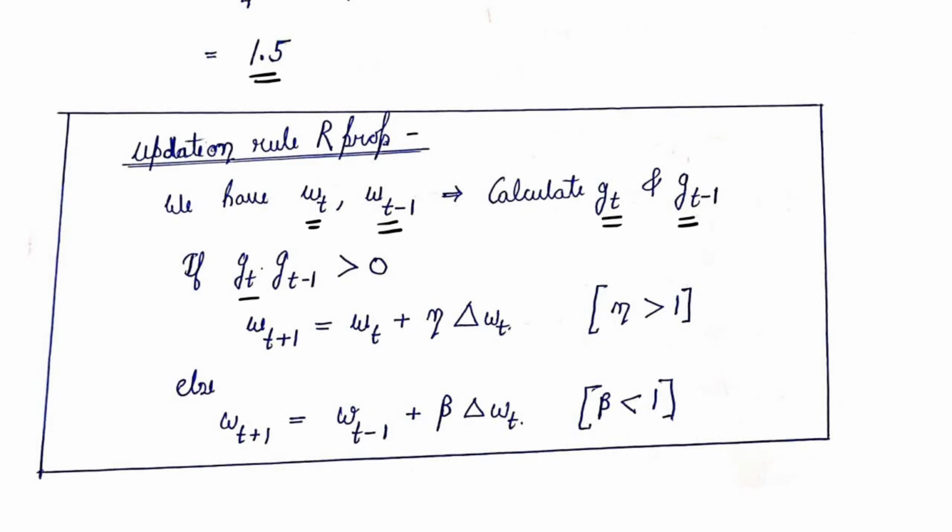Now if the product of both the terms is greater than 0, this will mean that we are propagating along the same path. That is, if Gt is negative and Gt minus 1 is negative, we are propagating in the same path. Likewise, if Gt is positive and Gt minus 1 both were positive, we are propagating along the positive path.